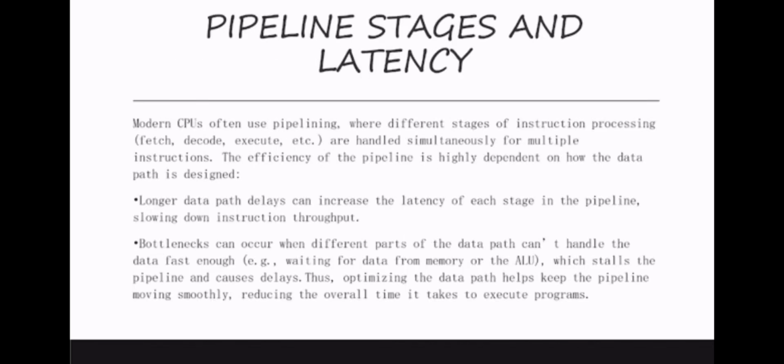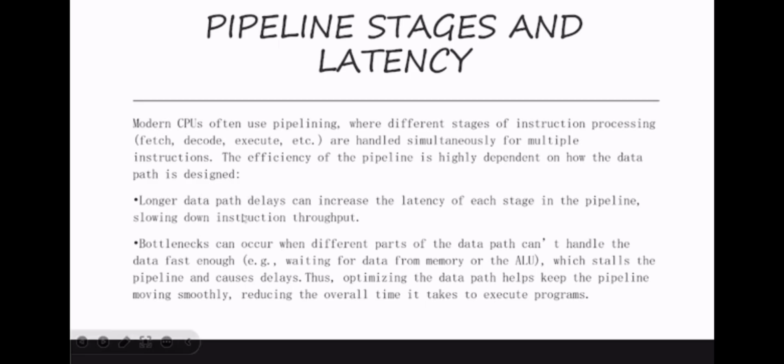Pipeline stages and latency. Modern CPUs often use pipelining, where different stages of instruction processing, that is fetch, decode, and execute, etc., are handled simultaneously for multiple instructions. The efficiency of the pipeline is highly dependent on how the data path is designed. Longer data path delays can increase the latency of each stage in the pipeline, slowing down instruction throughput.